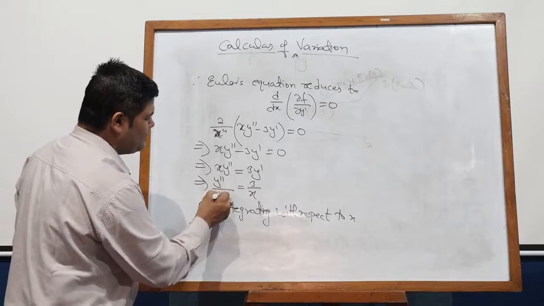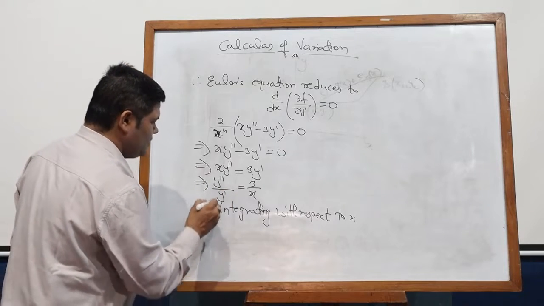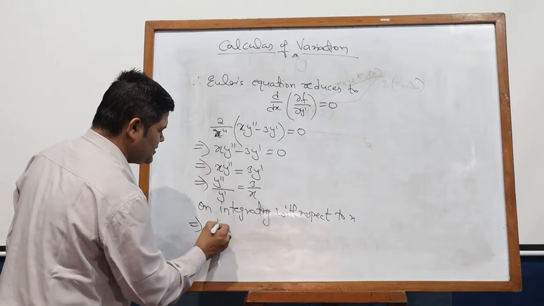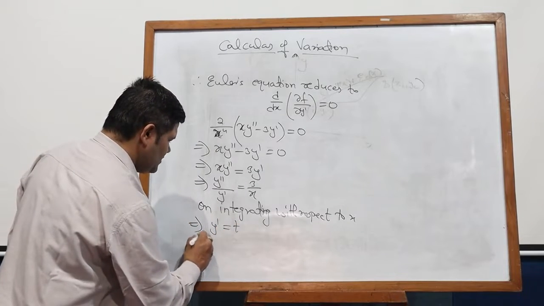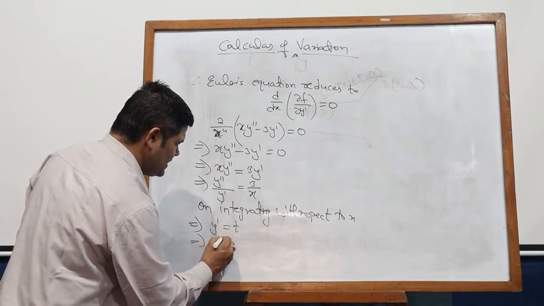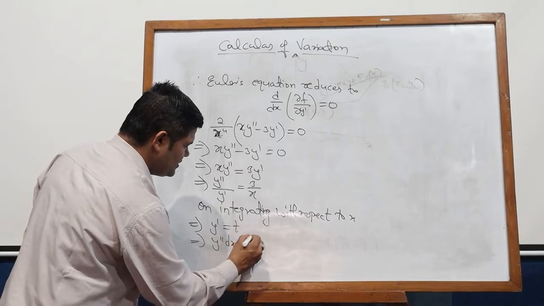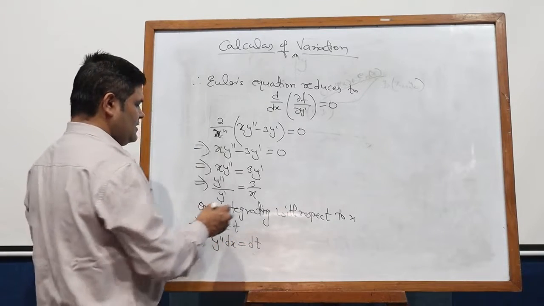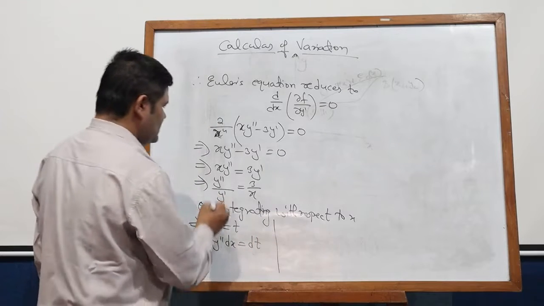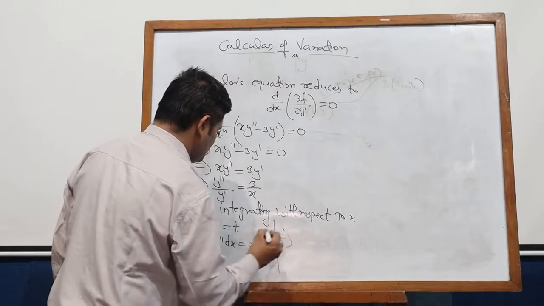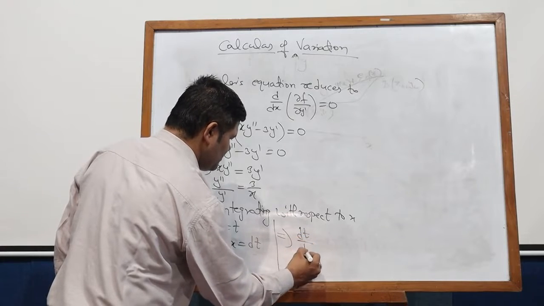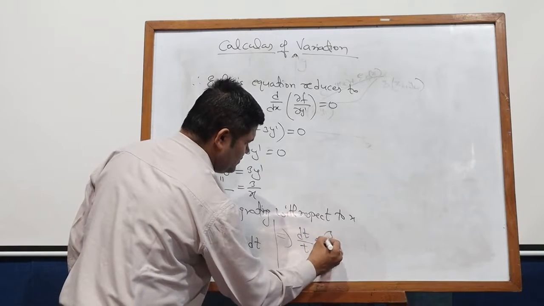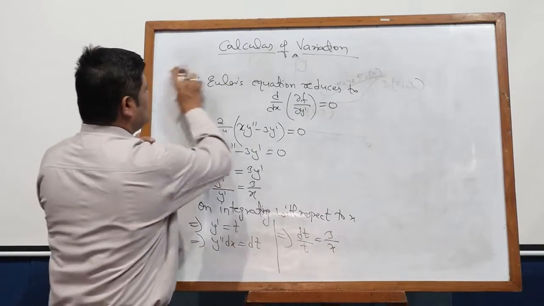So when we integrate it, the integration of y double dash upon y dash: for this integration we put y dash equals t. After differentiating, y double dash dx is equal to dt. Then the integration becomes dt upon t is equal to 3 upon x.